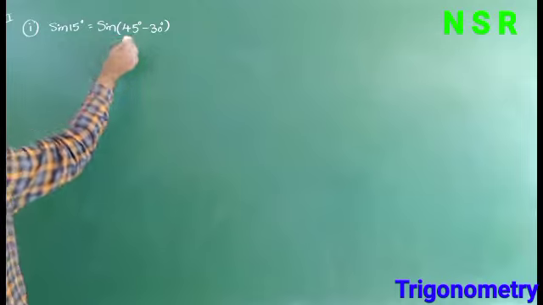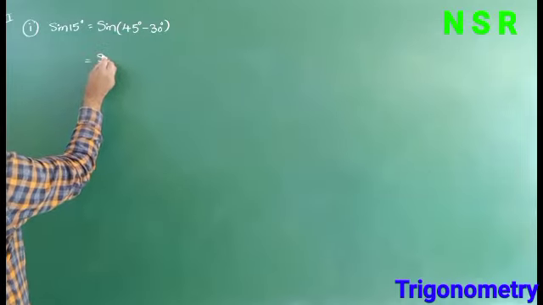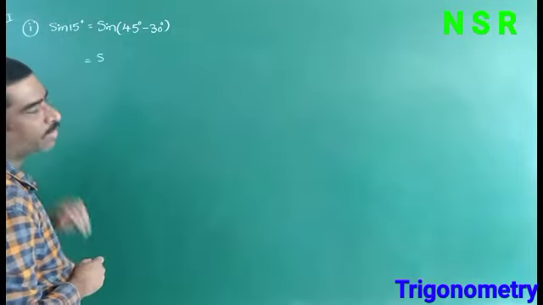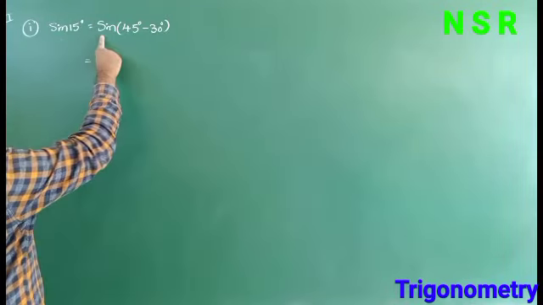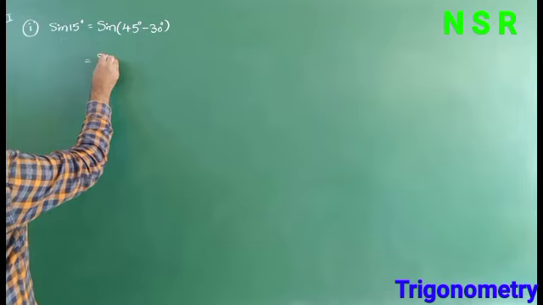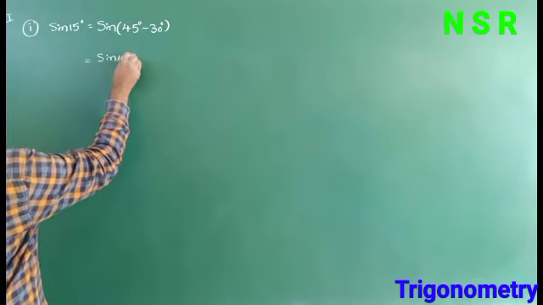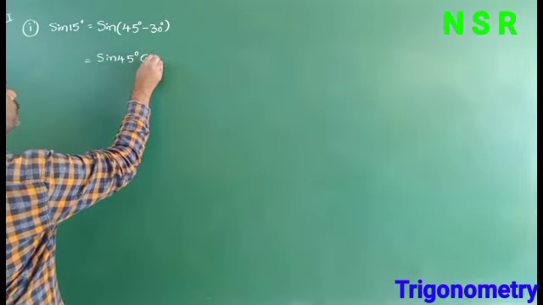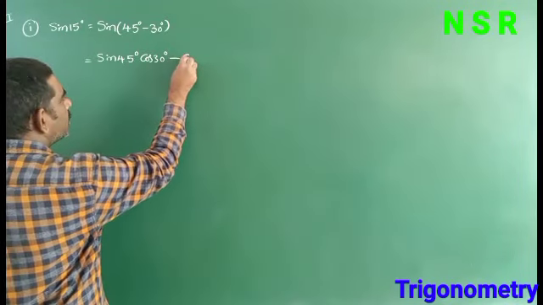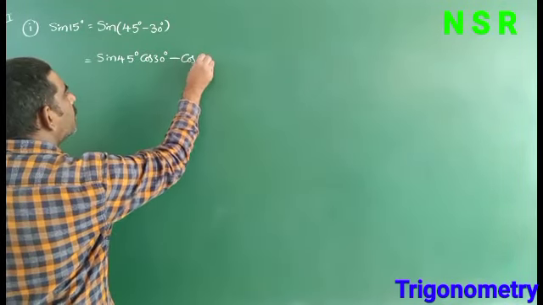So I can write 15 as 45 minus 30. It becomes the sin of A minus B formula. Here A is 45 degrees and B is 30 degrees. Apply the formula: sin A minus B is equal to sin A cos B minus cos A sin B.